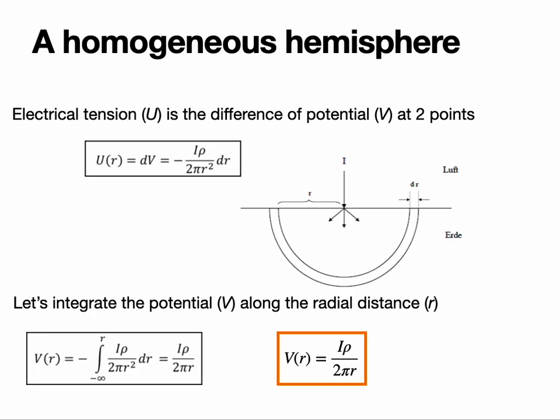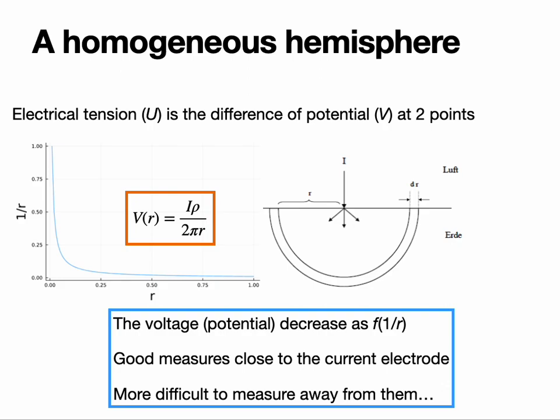This is basically showing you that V decreases as a function of 1 over r. So the distance r, the distance at which you measure the potential from the electrode, will greatly affect the magnitude of V. You can see on this diagram, this is a 1 over r decrease of a value.